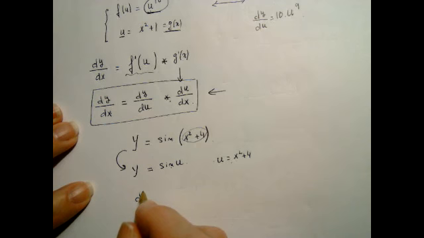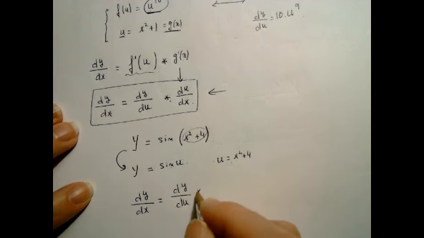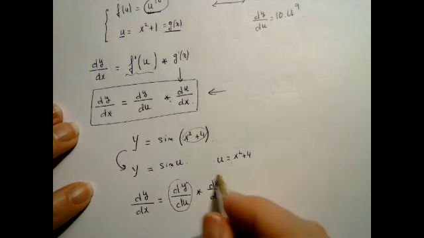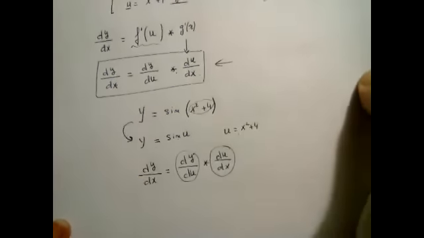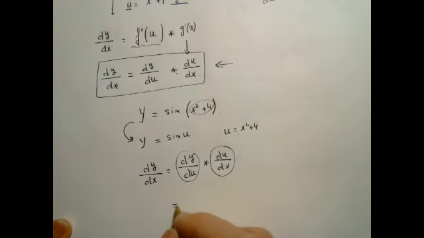And this will become dy dx, which is somehow easy to memorize, dy du times du dx. Now, dy by itself doesn't make sense. This makes sense, this makes sense. So we cannot sit down and simplify. Now, what's dy du?